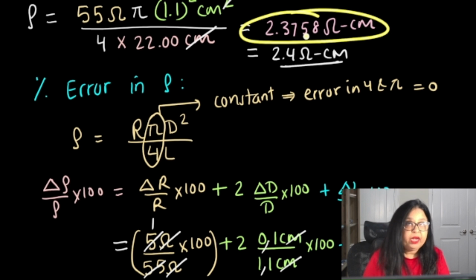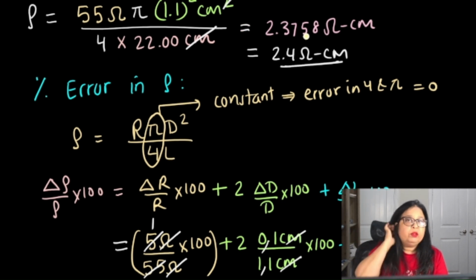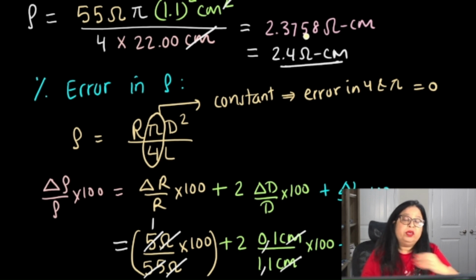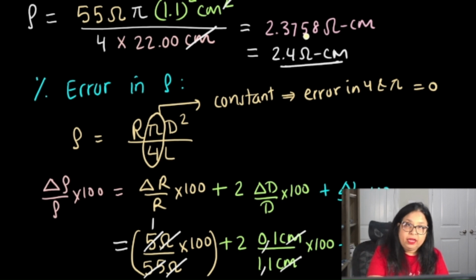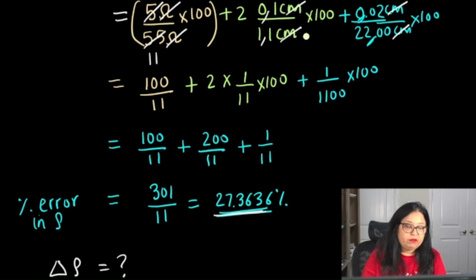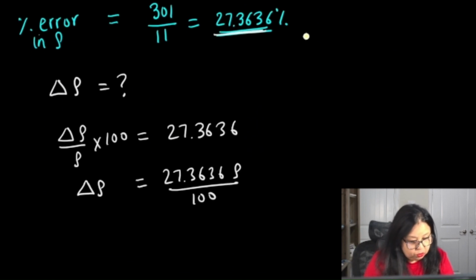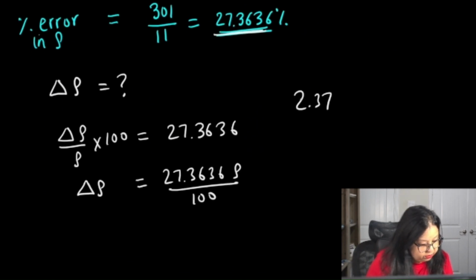And the value of rho, I'm going to use this long value of rho here. This is another thing we had learned when we were doing calculations with sig figs. Keep all the digits or the most number of digits that you can for as long as you can. Get the final answer and then round it off to the appropriate number of significant figures. So for rho, we're going to use 2.3758.